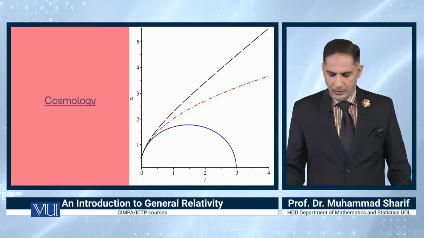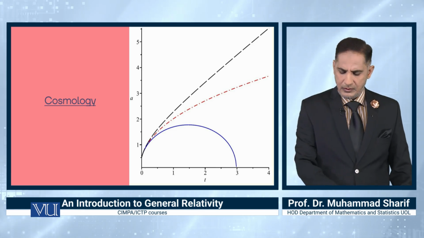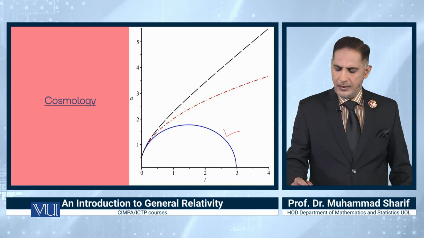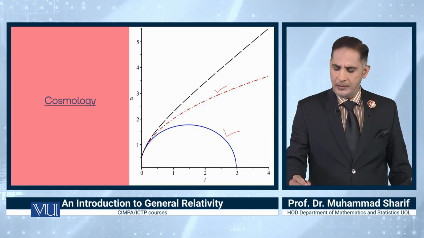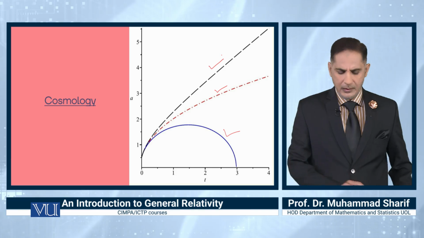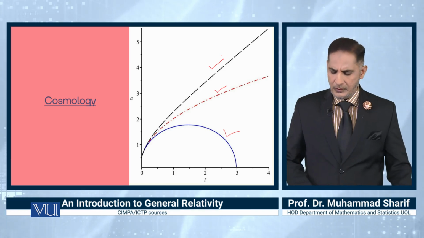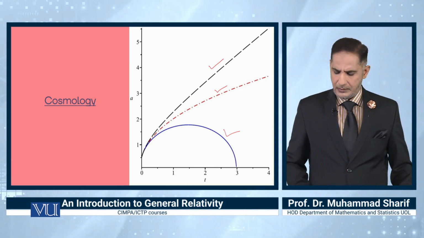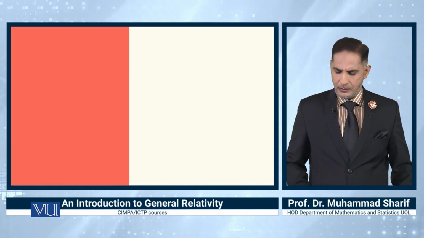This one is the closed universe model, this is flat, and this is open universe model. So in some books, this figure is given. I have taken this from some book.